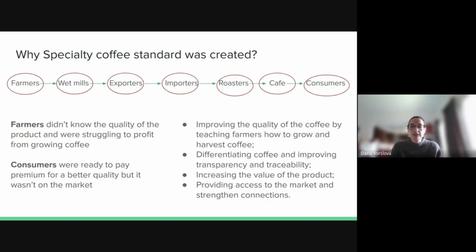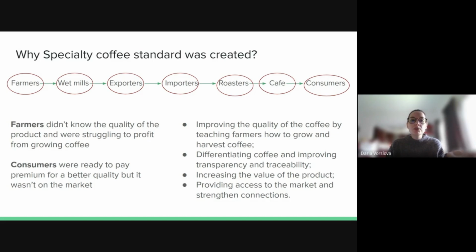And this standard, the specialty coffee standard, allowed creating a new product with additional value for the coffee roasters, coffee shops, cafes, and coffee consumers. They were ready to pay for it. So what's the problem? From the one side, farmers didn't know the quality of the product and were struggling to profit from growing coffee.